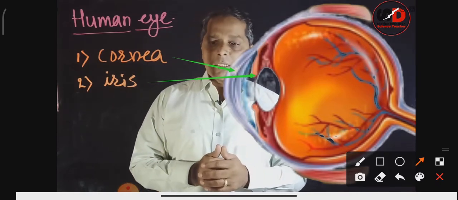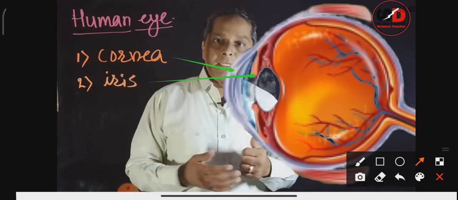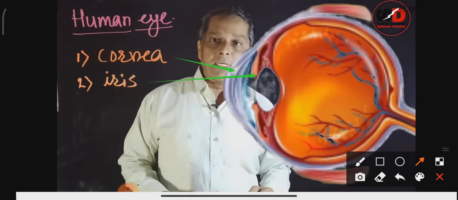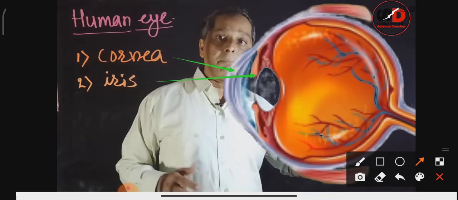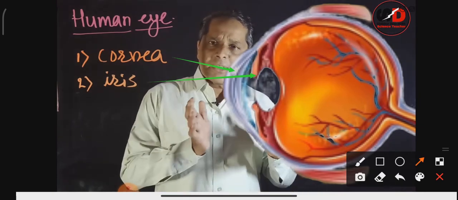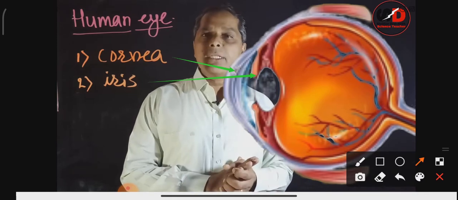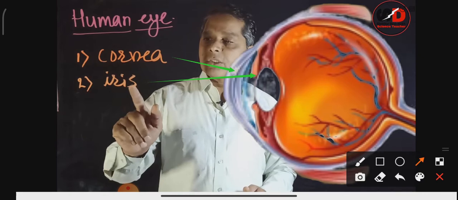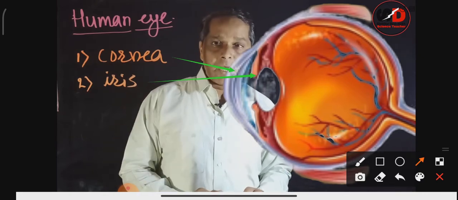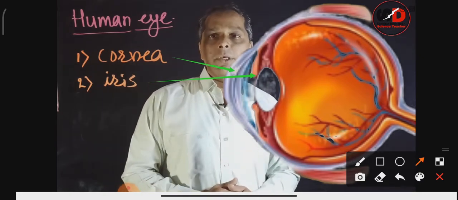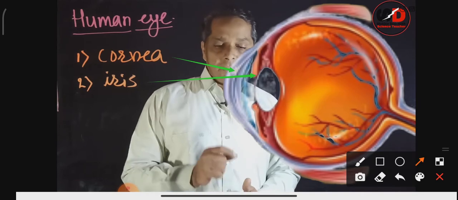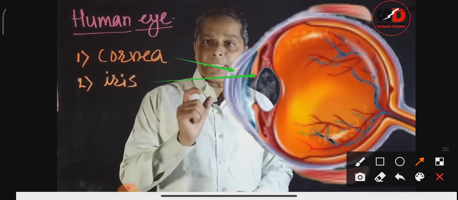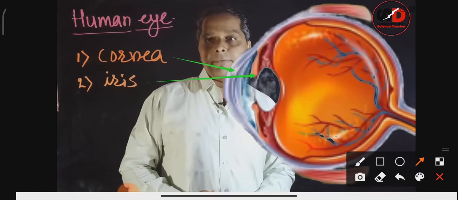If I say my eyes are black in color, or someone says my eyes are brown, or somebody's eyes are blue, these colors of the human eye are due to this part which is called the iris. Iris gives color to the human eye. The special types of pigments which are present in it impart color to the human eye.